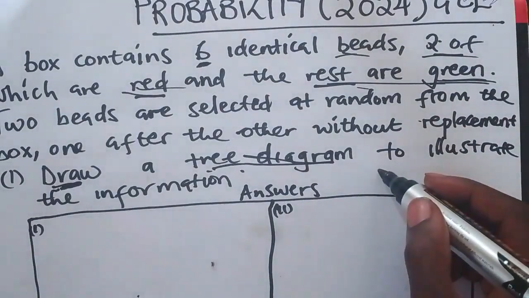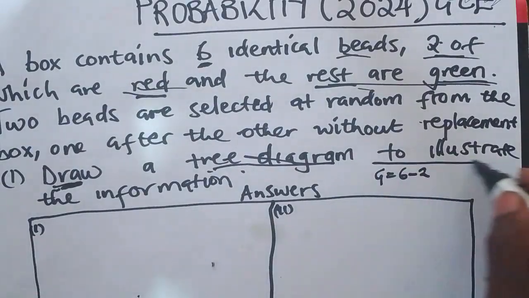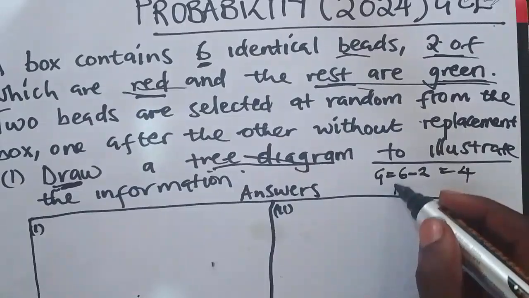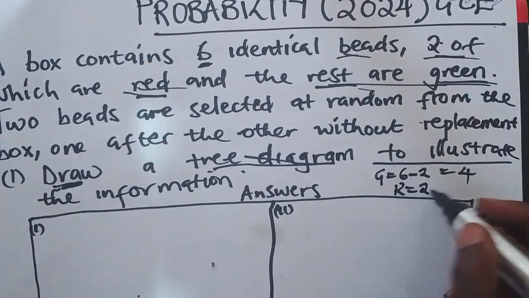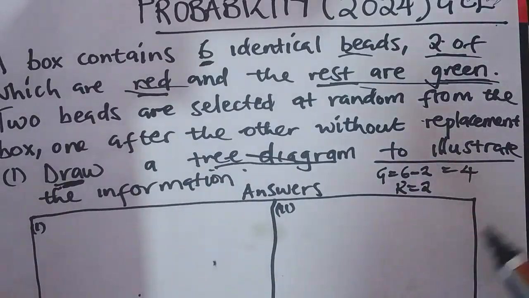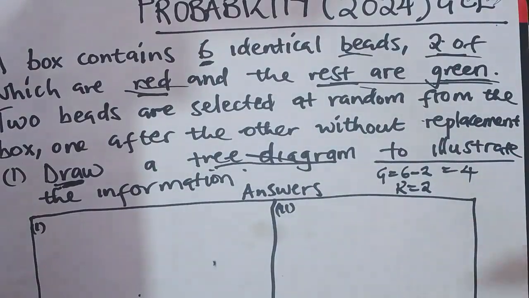So green is equal to 6 minus 2, which is equal to 4. Then red we have 2. Now that we have represented the question in this form, we can start drawing the tree diagram.